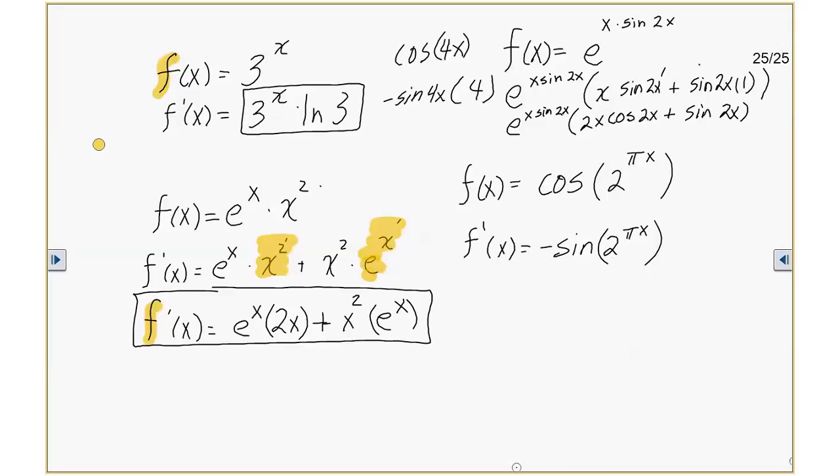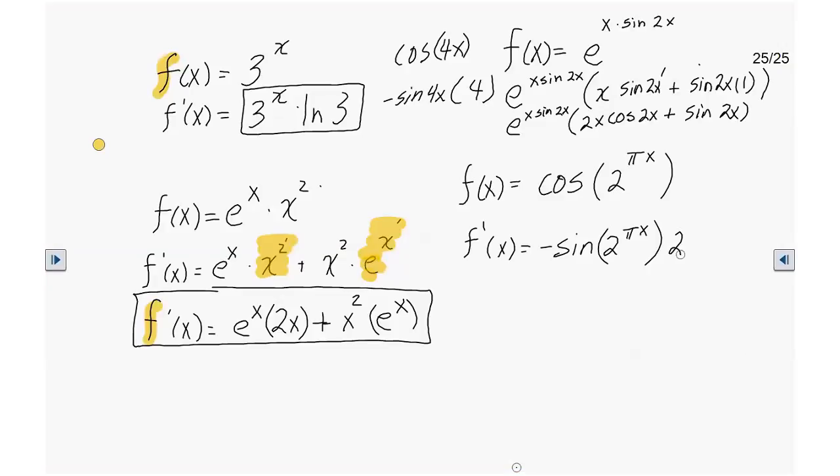And that means we got to use our formula, which is, that's a function. So that's going to be 2 pi x, natural log of 2 times pi, right? 2 pi x, natural log of 2 times pi.